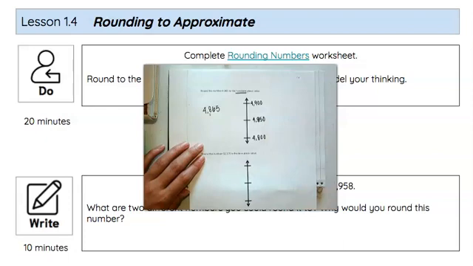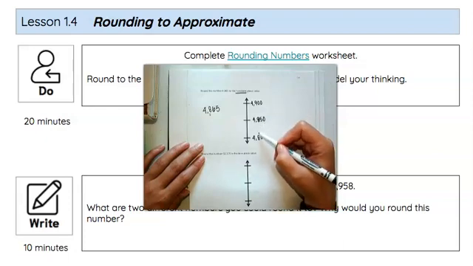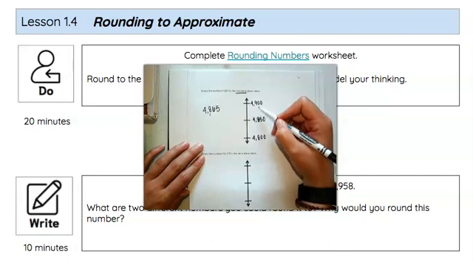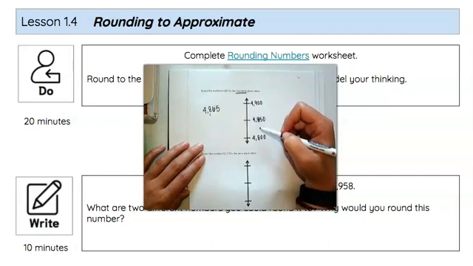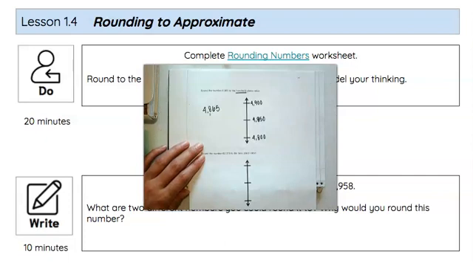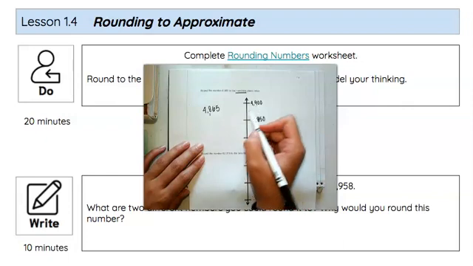And remember, I can prove that this is the middle number because it's 50 away here and it's 50 away from there. So the value is the same from both numbers, which proves that it is in the middle. Then I look at my number. Where does it fall on this number line?